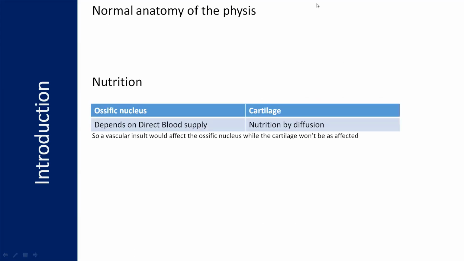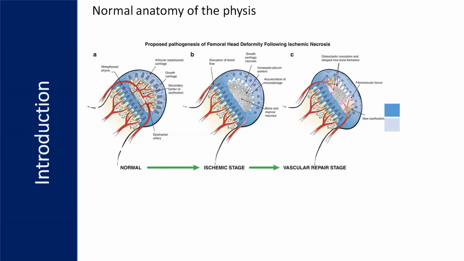All right, so we're going to begin and talk about the anatomy of the physis to better understand the disease. The femoral head in children is characterized by having a specific nucleus. There is bone in the middle here, and it's covered with cartilage, both articular cartilage and growth cartilage.